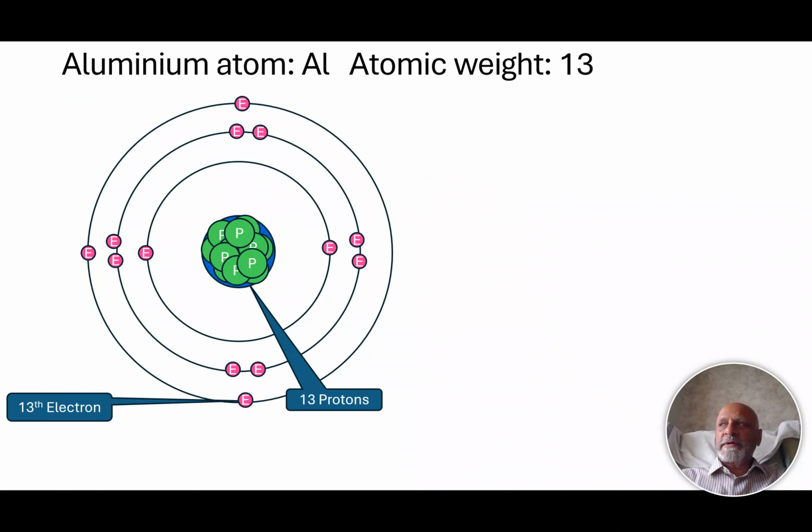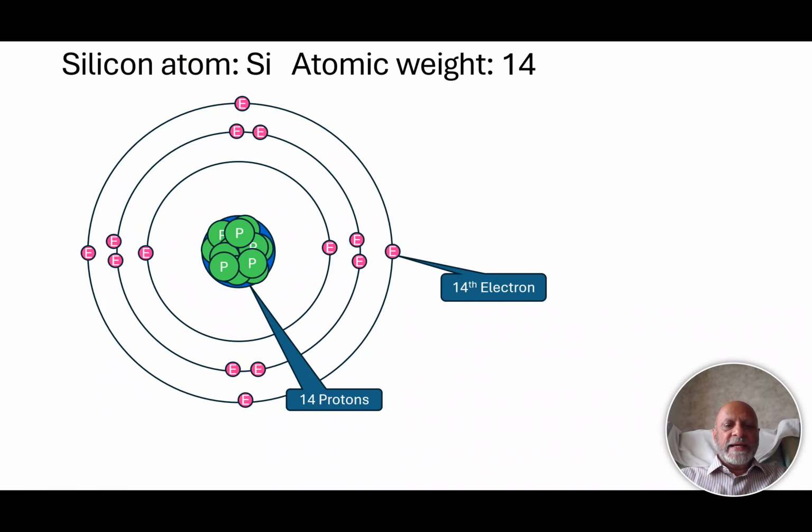Aluminum is an atomic weight of 13. So 13, observe, 2 in the first, 8 in the second, 3 in the third. Silicon has a 4th atom, the 14th electron added into the third orbit, and 14 protons in the nucleus.